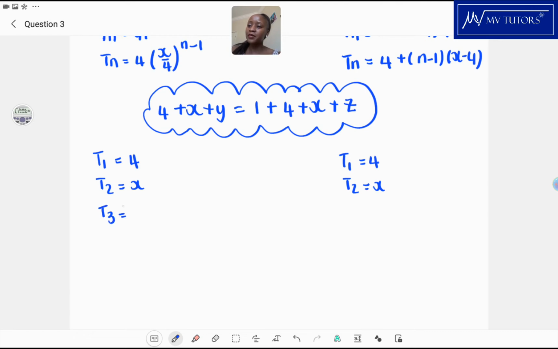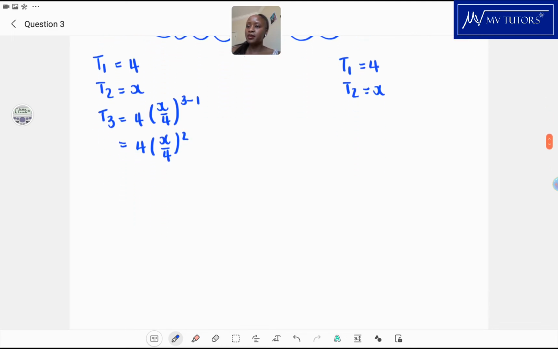T3, I'm going to work it out. So I have 4 times x over 4 to the power 3 minus 1. If I simplify it, I have 4 times x over 4 squared, so 4 x squared over 16, which is x squared over 4. So that is my third term for the geometric sequence. Now the third term for my arithmetic sequence.